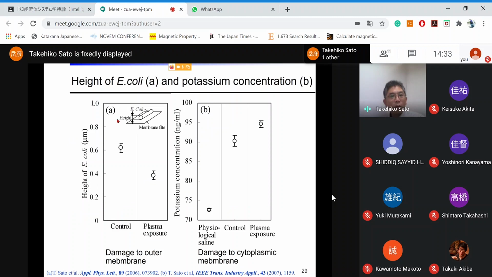So we measured the height of the E. coli, and the control is 0.6 micrometer, and the plasma exposure test is 0.4 micrometer. This is the control, but after the plasma treatment it looks like this. This means the outer membrane is damaged.